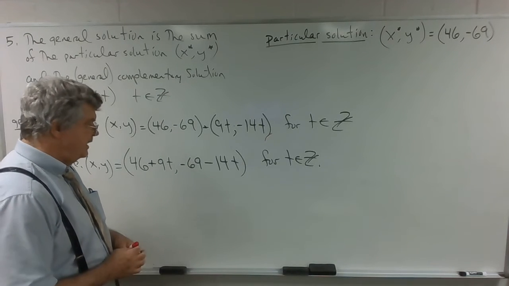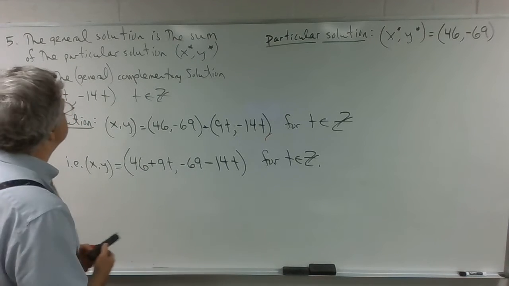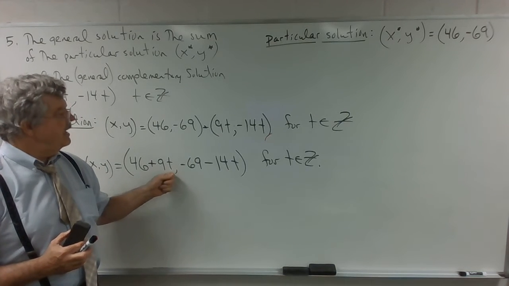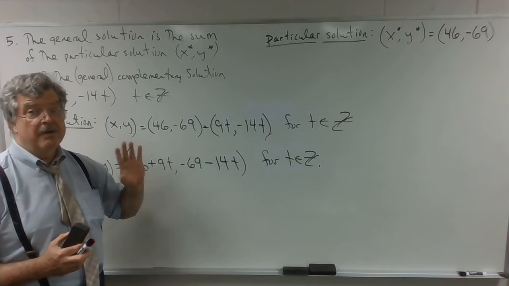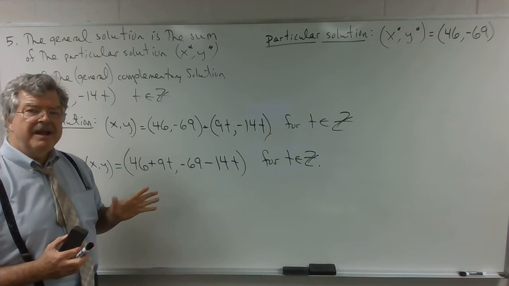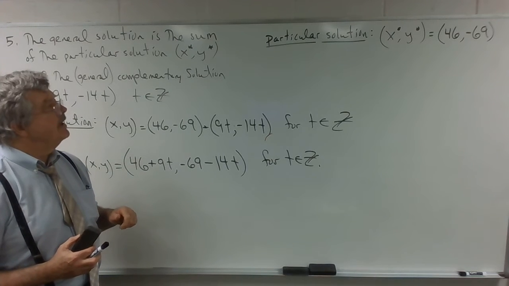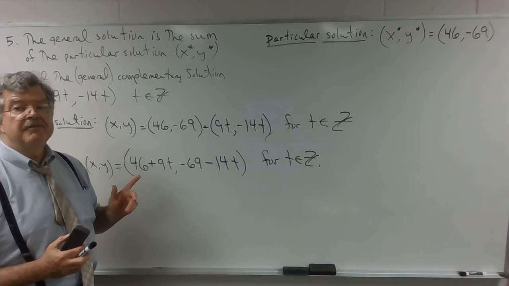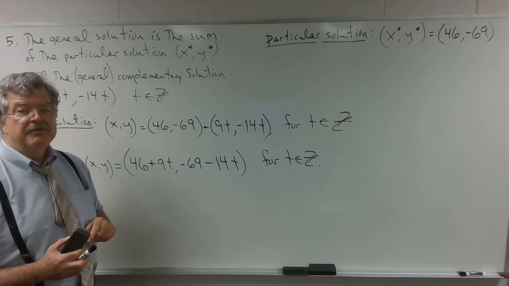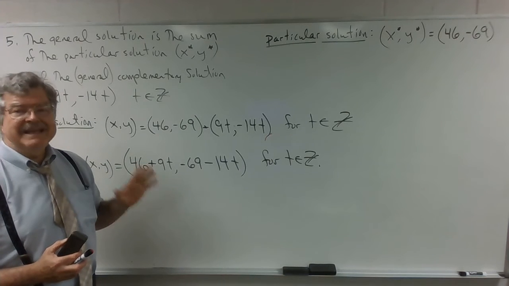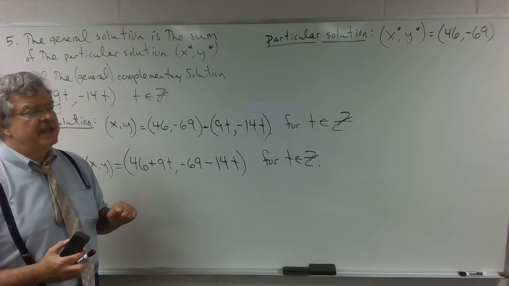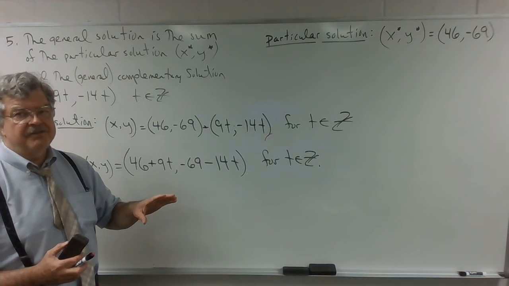Now, there is a catch. The values of t that we choose in order to work for this application have to yield non-negative values for X, the number of 14-cent stamps, and Y, the number of 9-cent stamps, because we can't have negative 14-cent stamps, and we can't have negative 9-cent stamps.